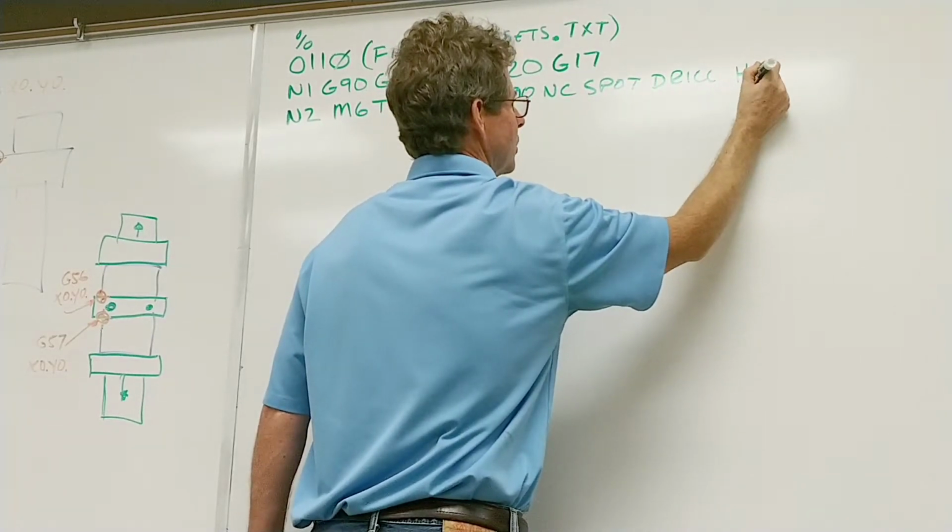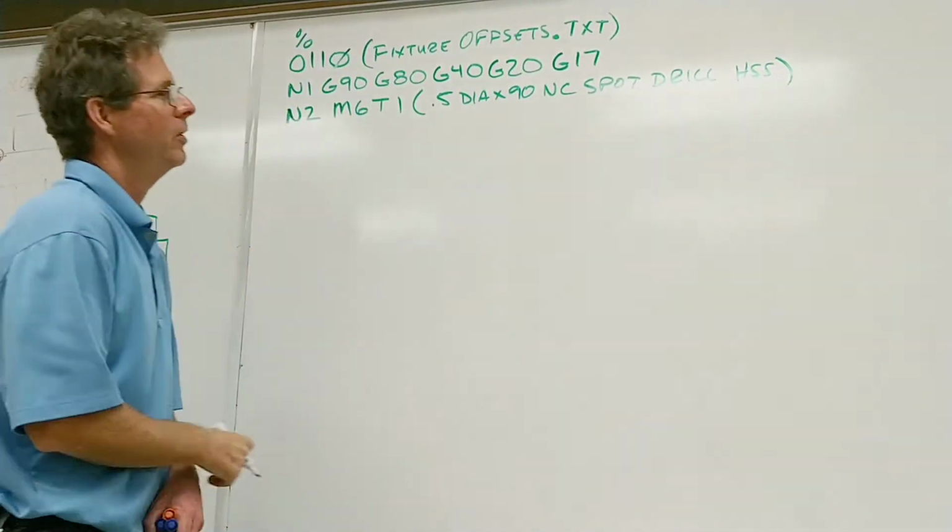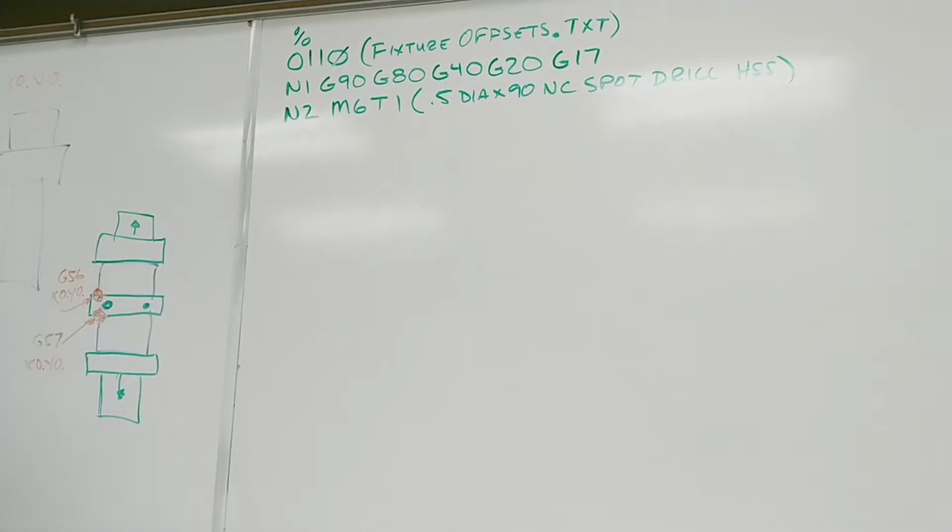I even put the material. I'm very descriptive about my tools, because if something breaks on the night shift and I'm not there, I want someone to be able to look in the program, find the right tool, replace it, and keep going. I don't want any calls.